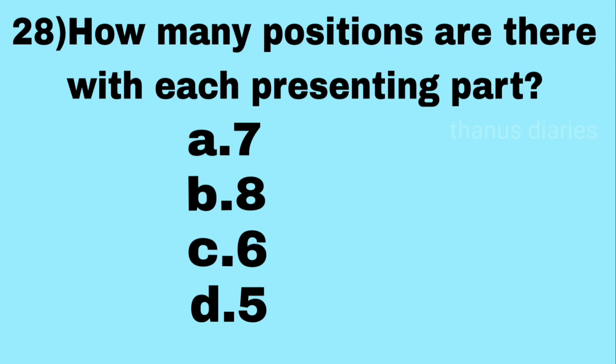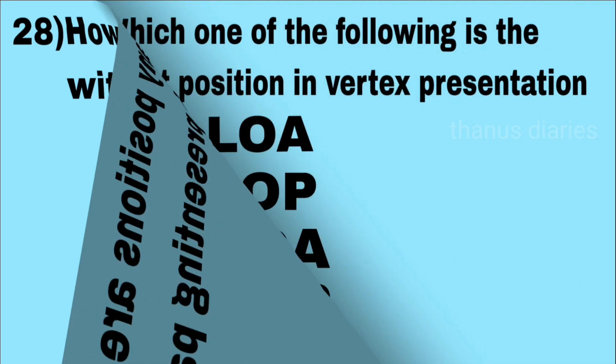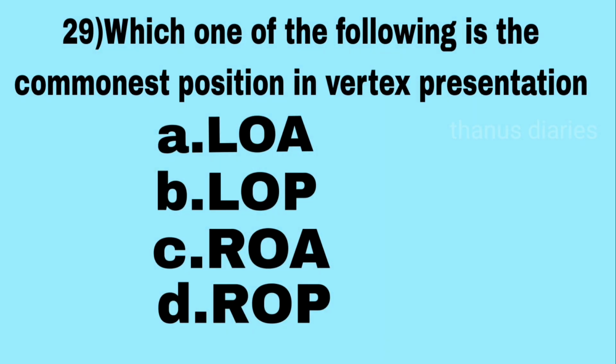Next question. How many positions are there with the breech presenting part? 7, 8, 6, 5. The answer is 8 positions. Next question. Which one of the following is the commonest position in vertex presentation? Left occipito anterior, left occipito posterior, right occipito anterior, and right occipito posterior. The answer is left occipito anterior.